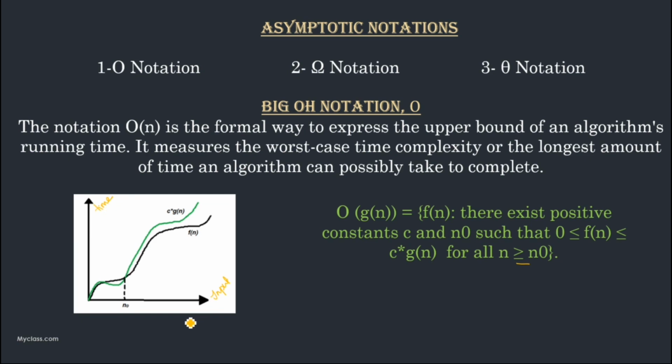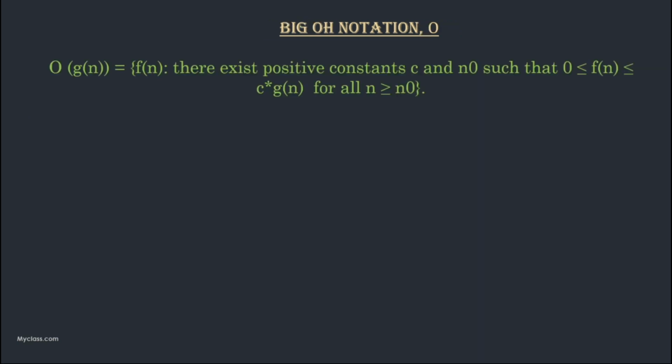So after the value of n0, f of n is always under c into g of n. So we want to find the value of c also, the positive constants c and n0 such that f of n is less than or equal to c into g of n.